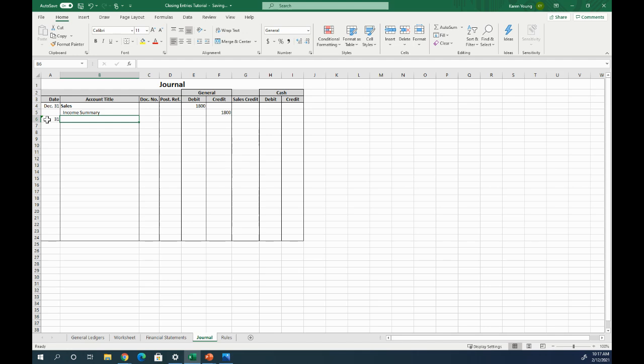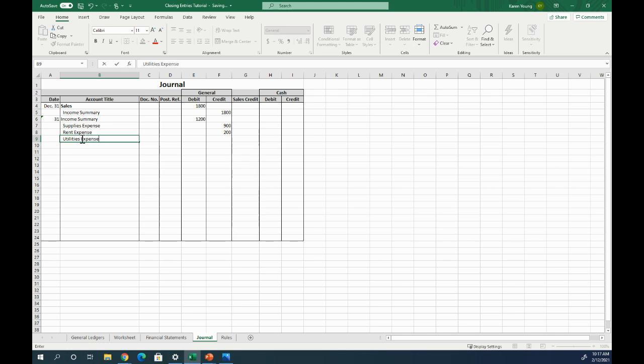So my debit is going to be the income summary, and that's for $1,200. And I have to credit each expense separately. Supplies expense would be credited for $900. Rent expense would be credited for $200.